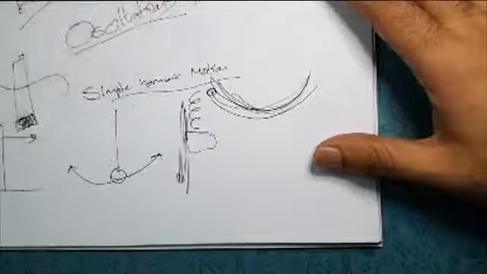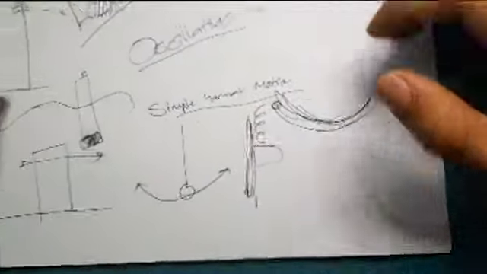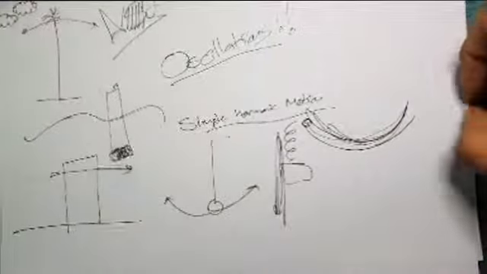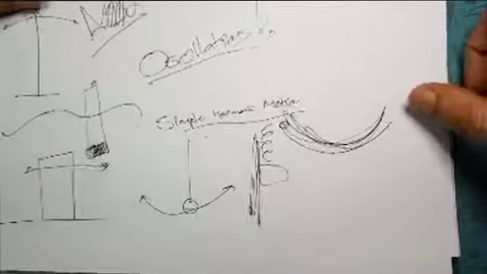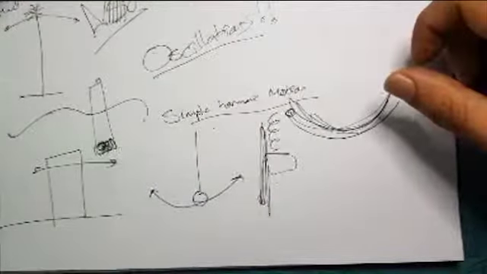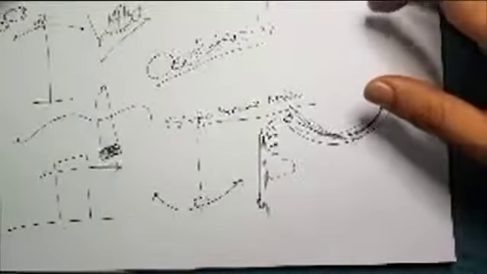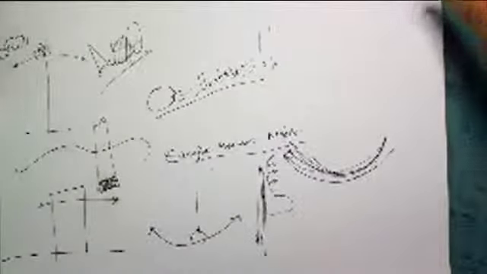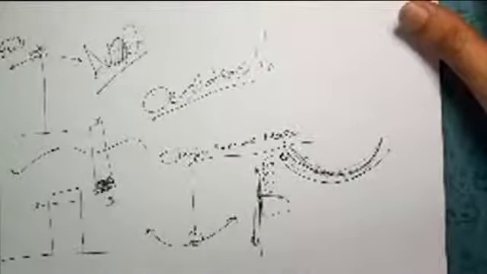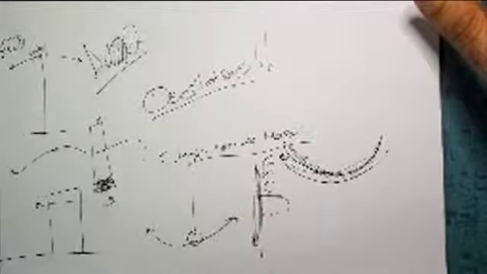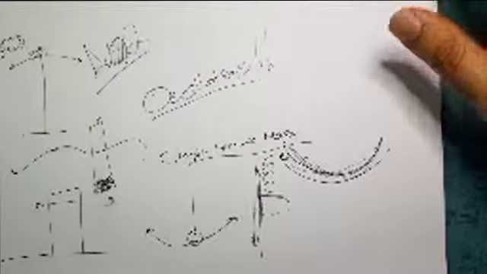So first of all, you're going to see something common about all of these different types of oscillations. What is it? These motions have two common properties. Common property number one is they all have an equilibrium position. What's an equilibrium position? Where the object would be if you didn't disturb it. Can you show me the equilibrium position of all of these systems?